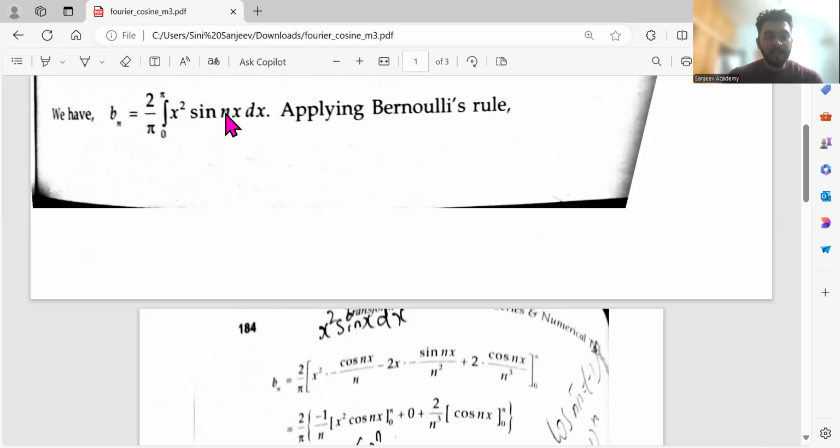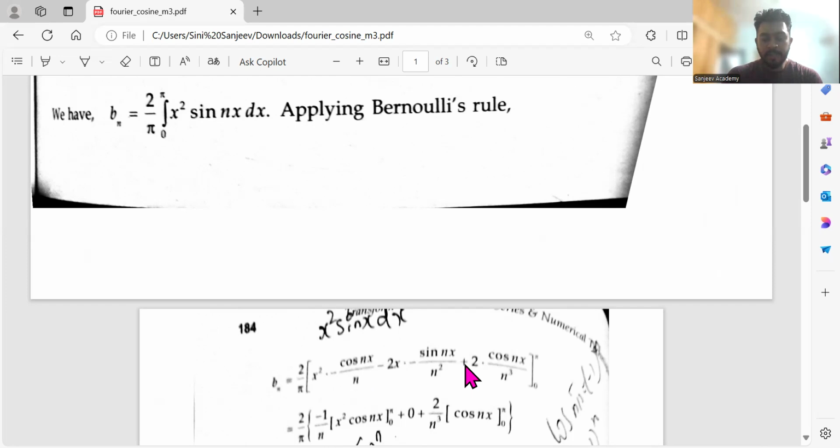If it is integration, you have to divide by n. For differentiation, we'll multiply by n. For integration, we'll divide by n. Minus differentiation of first function, that is x square differentiation is 2x, into you integrate this particular value cos nx, that is sin nx by n, so n into n square. Next, alternatively, minus and plus will come. So minus I have told here, now it will be plus here.